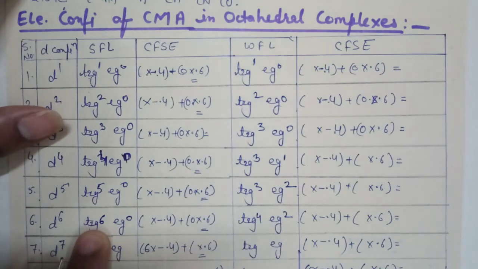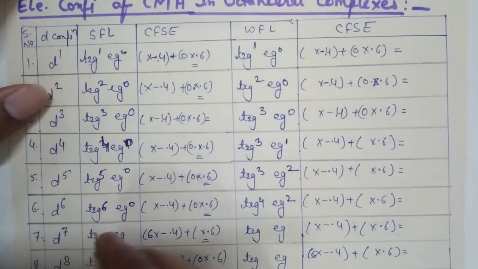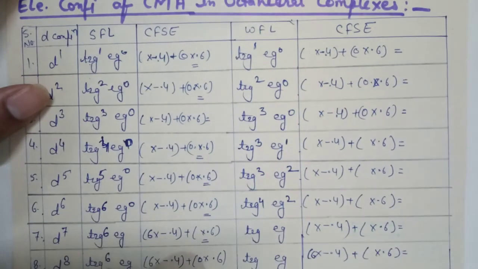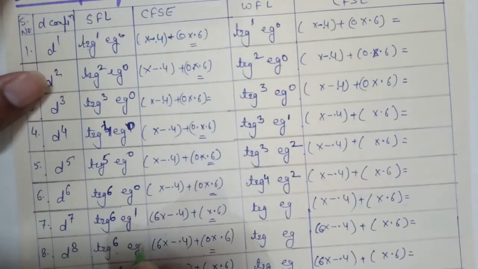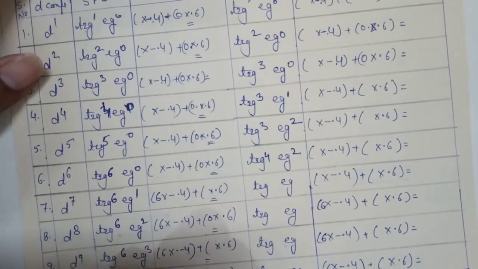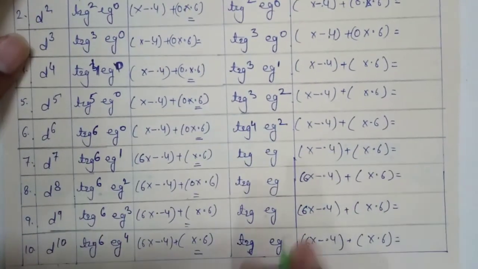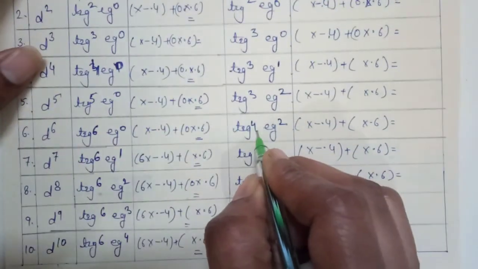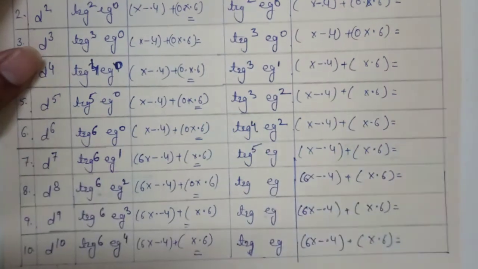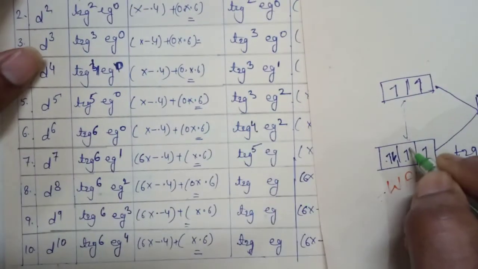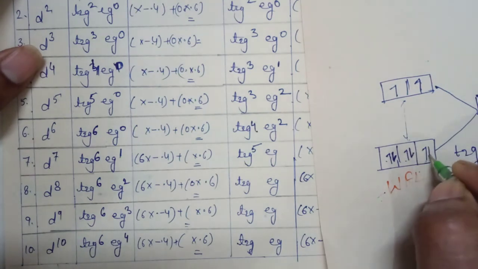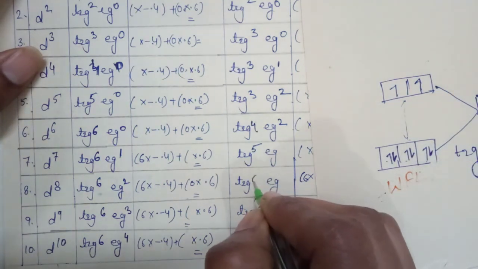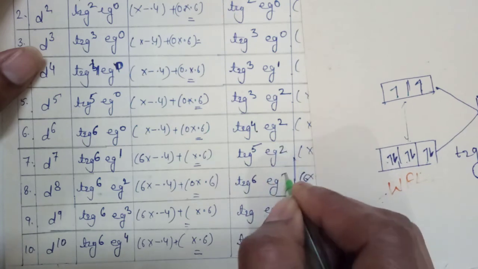Now in strong field ligands, all the t2g orbitals are filled, so the next electrons will be filled in eg only: 1, 2, 3 and 4. In WFL, the seventh and eighth electrons also go into eg, so these are 2 only.